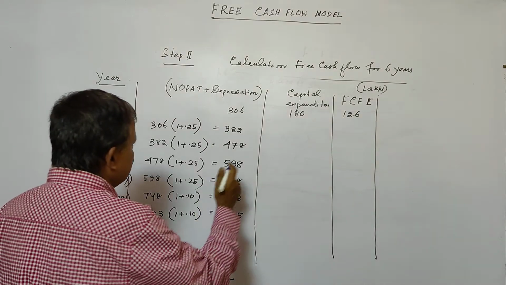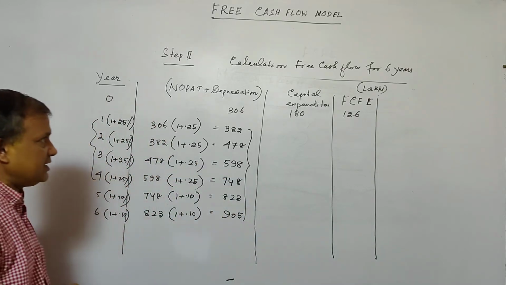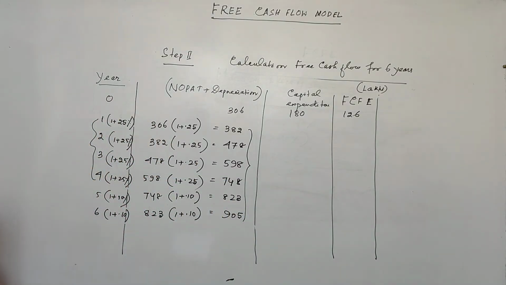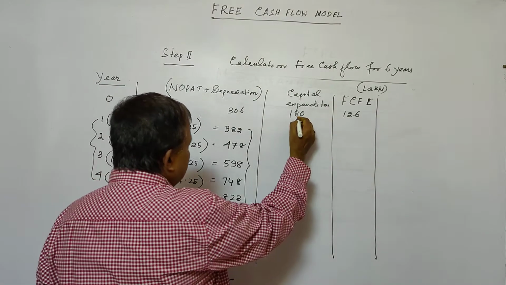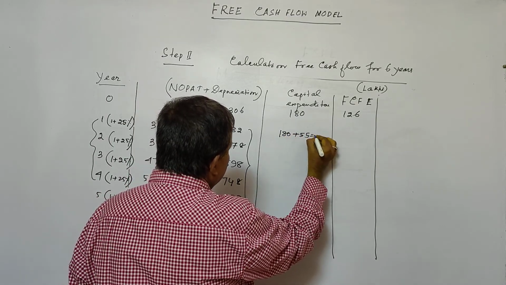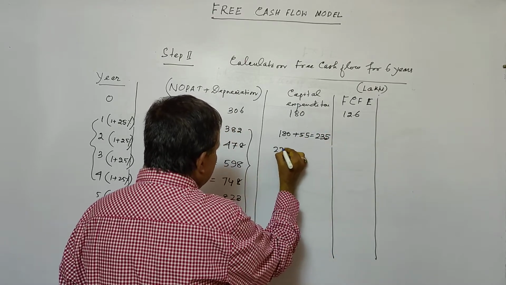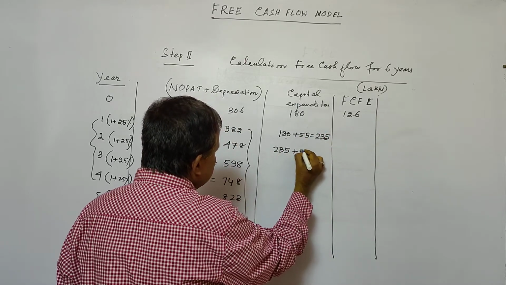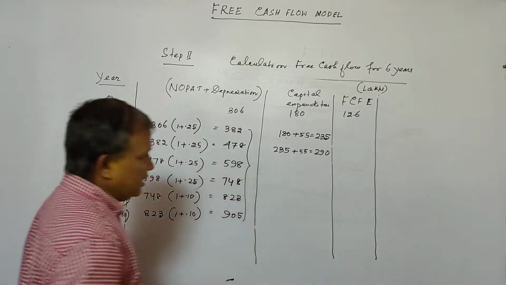Actually, future cash flow means we shall take all these 6 years cash flow. Then capital expenditure will grow at a rate of 55 lakh. So let us add 55 here. It comes to 235. Again 235 plus 55, it comes to 290.